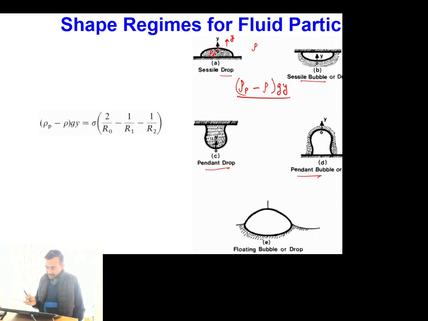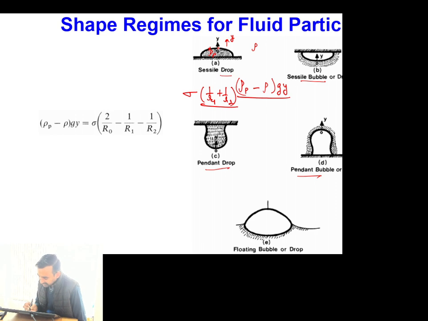Now at any arbitrary point, what is the pressure because of the surface tension force? Pressure because of surface tension force is sigma times (1 by R1 plus 1 by R2). This is my pressure difference because of the surface tension force at any curved boundary.